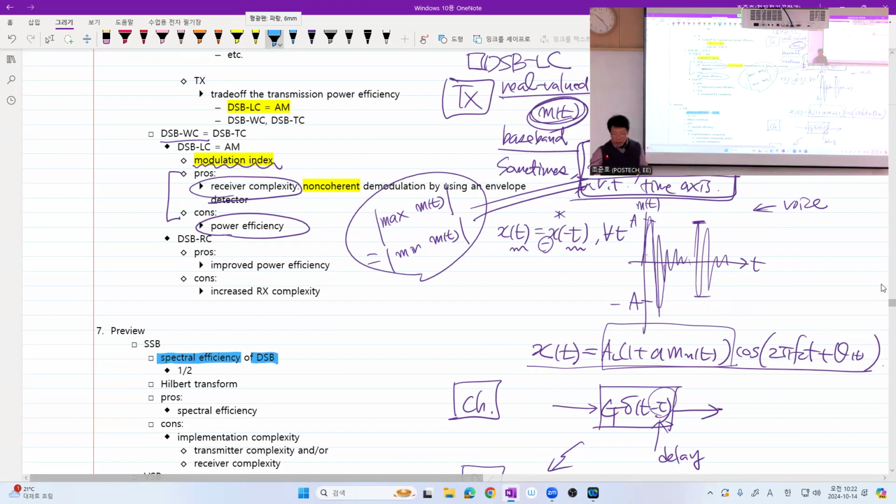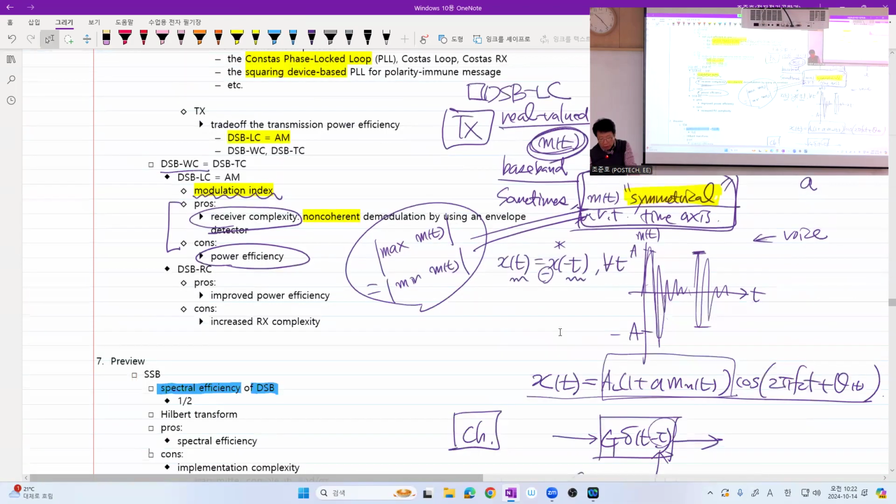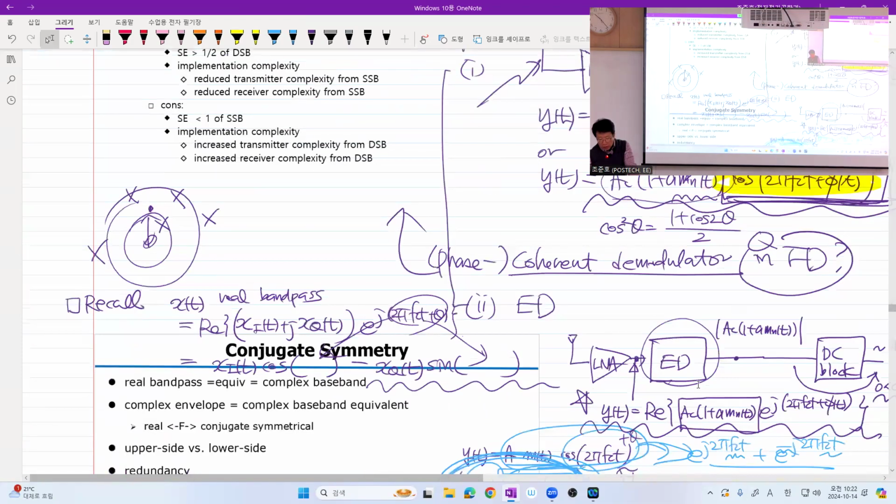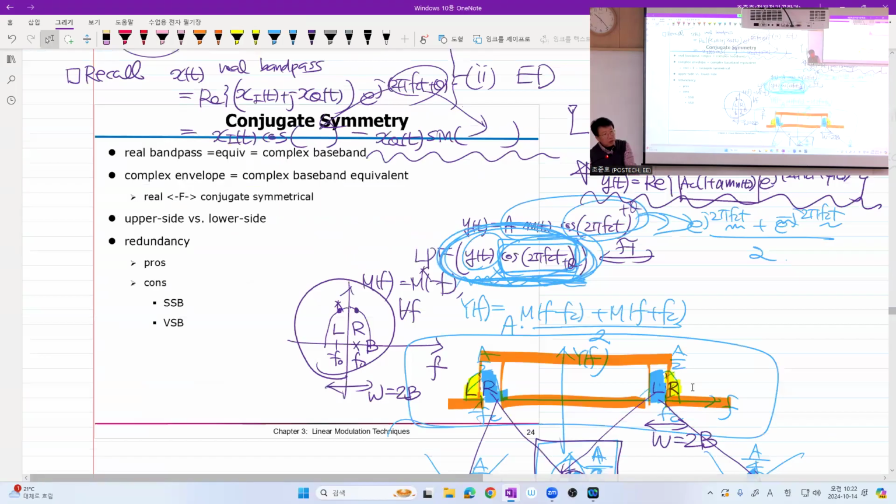Actually, you can show that the same thing is true if you can filter out the lower sideband part. Again, if you have a phase-coherent receiver, you can recover the original message signal. Either you filter out upper sideband or lower sideband, which means DSB is indeed spectrally inefficient.